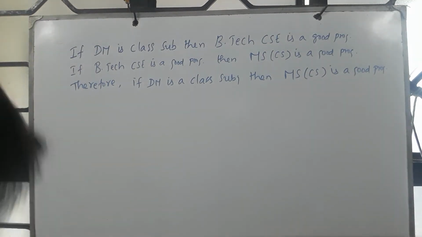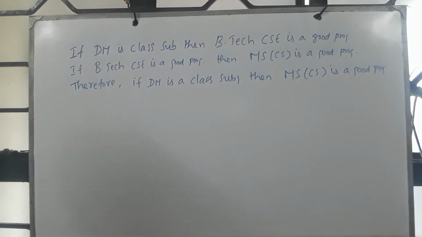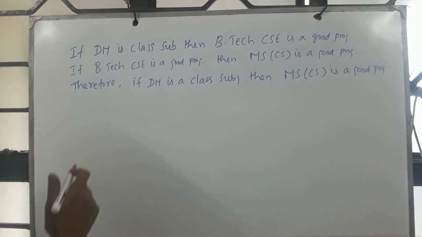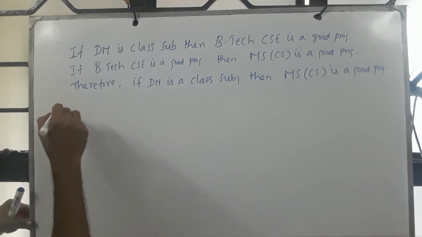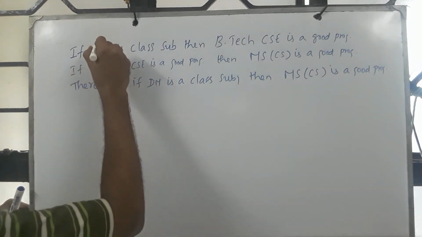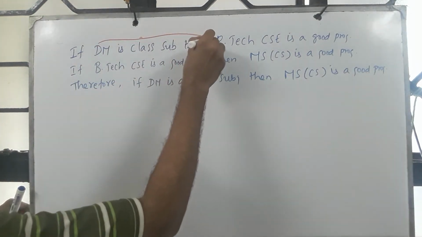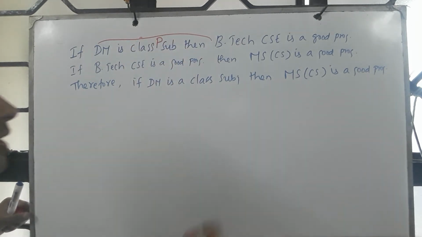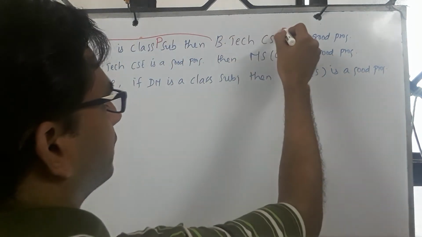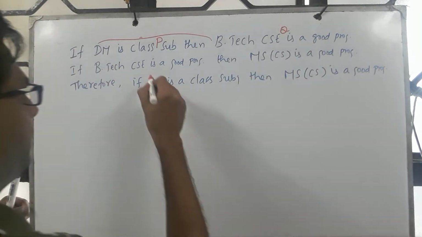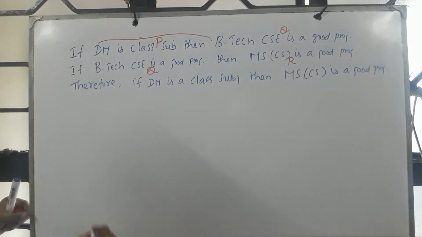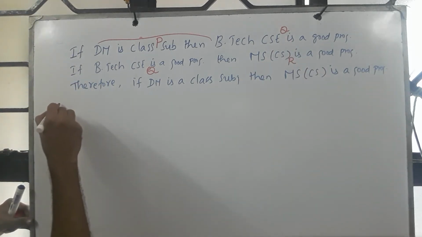So, very similar to the way we did the previous example. Convert this argument into propositional variables, bring in abstraction. Let this be P, and this one is Q, BTech is Q, and this one is R. So what is given?